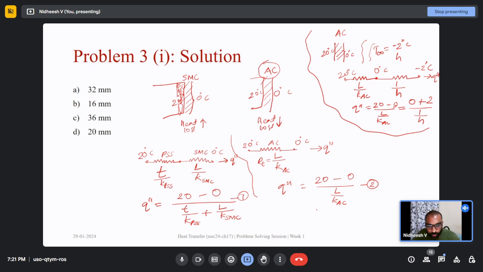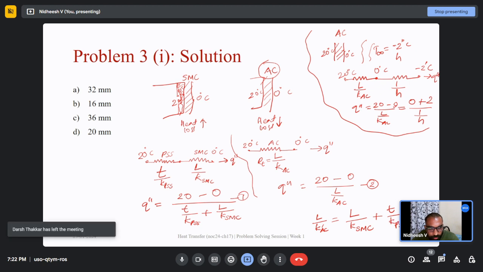So we can equate L by K of aerated concrete equal to L by thermal conductivity of stone mix concrete plus thickness by thermal conductivity of polystyrene sheet. From this expression we can get the thickness value. Is that clear for everyone?